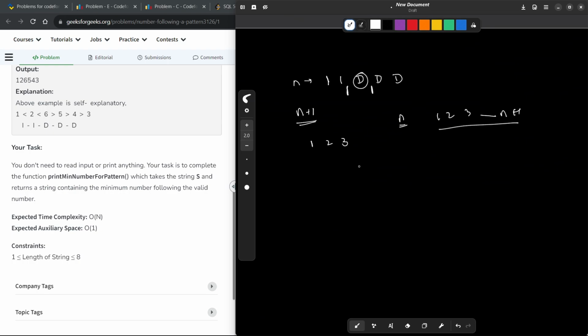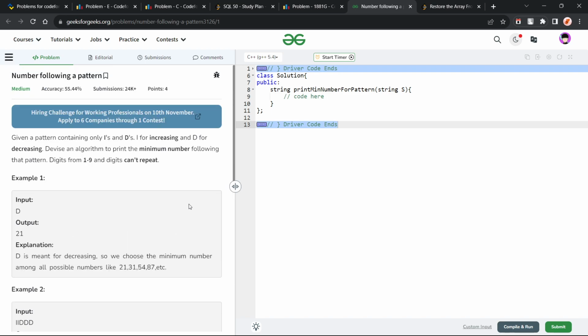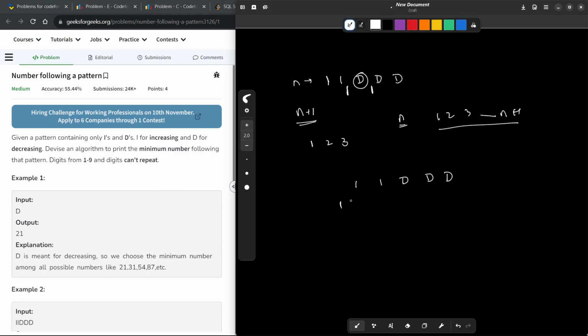That could be, if I have some strings like this, right? I can directly place 1. So why 1? Because they have told us to find the minimum number, right? So basically whatever number we are trying to form, it should be lexicographically smallest, right? So 1 can be here and then 2 can be here, but I can try to place 3, but the next number should be smaller than this particular number, right?